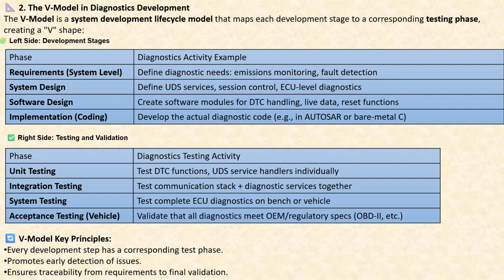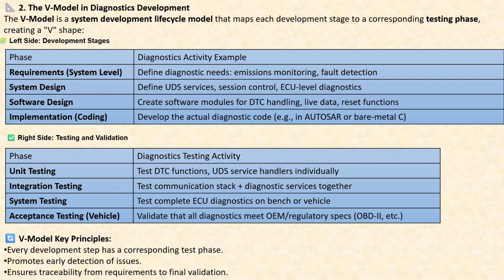Now, coming to the V model in diagnostic development, which is the area of interest in the current seminar, the V model is a system development lifecycle model that maps each development stage to a corresponding testing phase, creating a V shape.